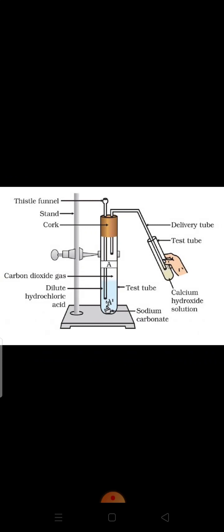Students, the reaction of acids with metal carbonates and metal hydrogen carbonates we can easily understand with the help of this activity. This activity is also given in your NCERT book, page number 20, figure 2.2.